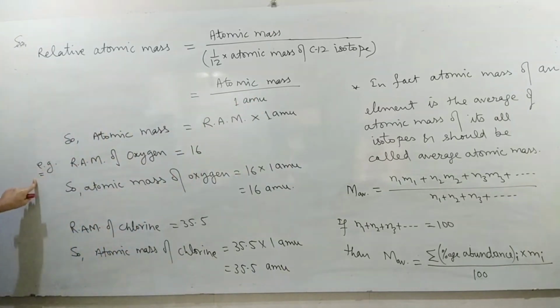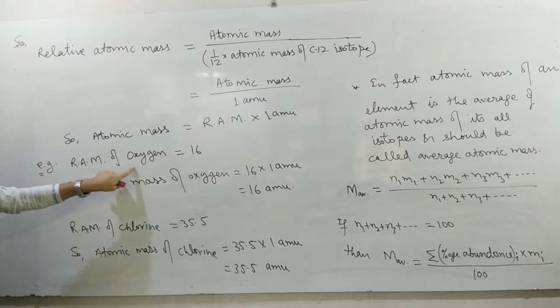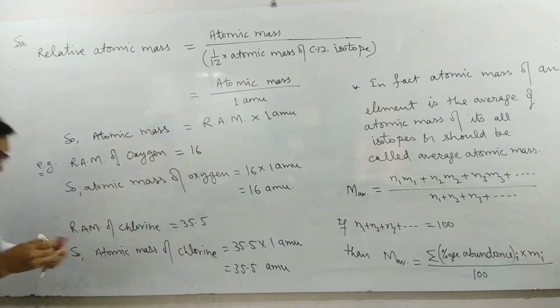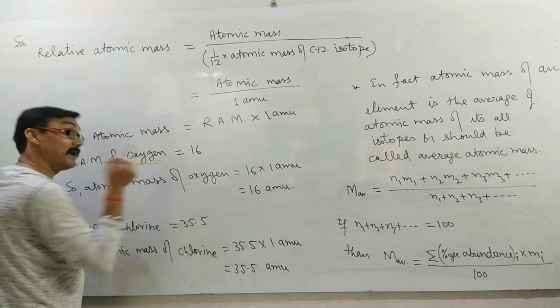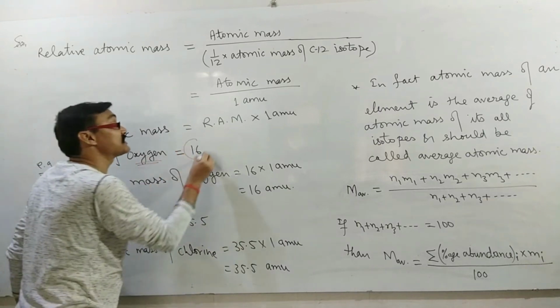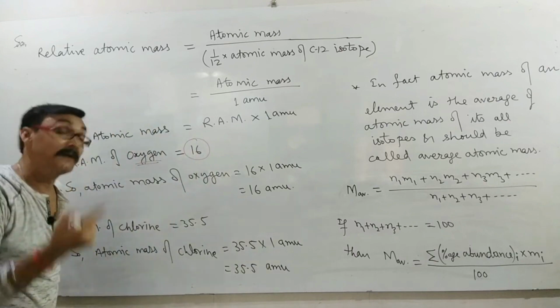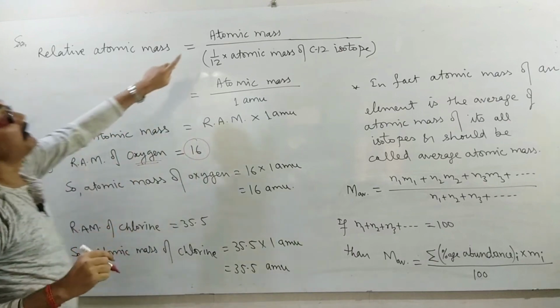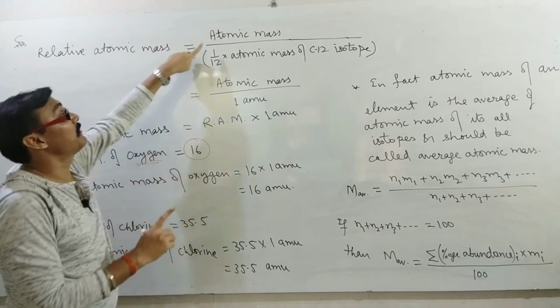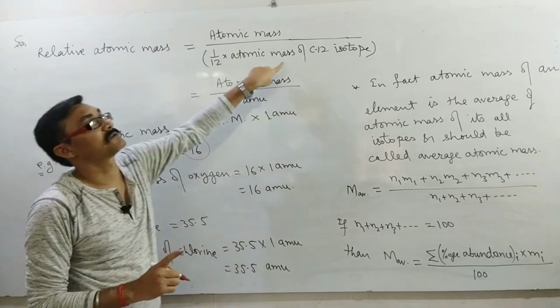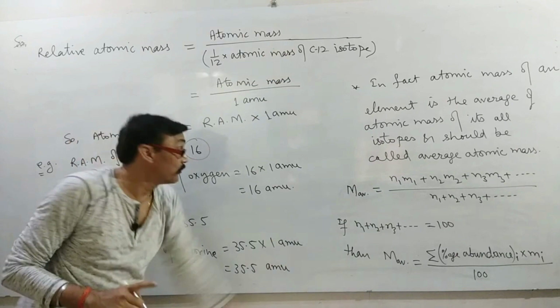For example, relative atomic mass of oxygen is 16. It means one atom of oxygen is 16 times heavier than 1 AMU, or 16 times heavier than 1 by 12 of the atomic mass of the carbon-12 isotope.